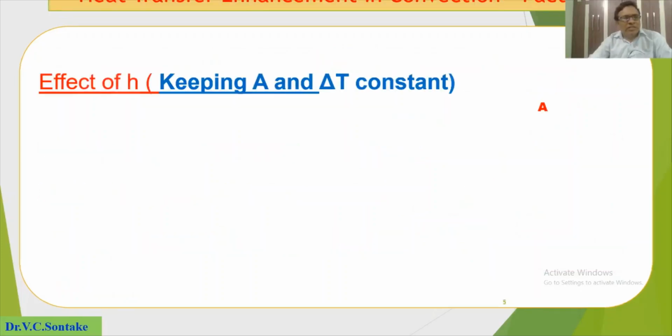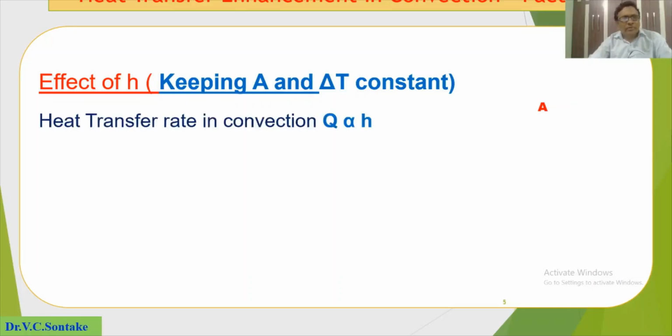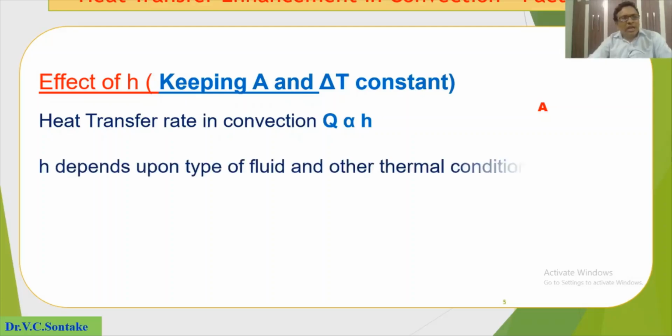Let us first discuss the effect of the convective heat transfer coefficient, keeping surface area and temperature difference between the two entities constant. From Newton's law of cooling, we know that heat transfer rate in convection is directly proportional to H, the convective heat transfer coefficient. And this coefficient depends upon the fluid and other thermal conditions.